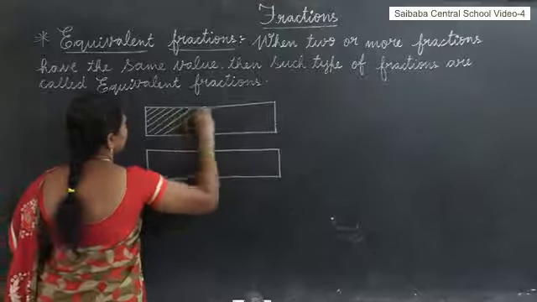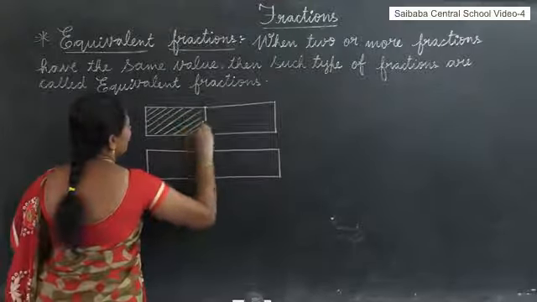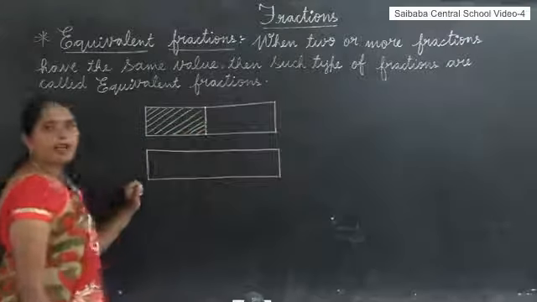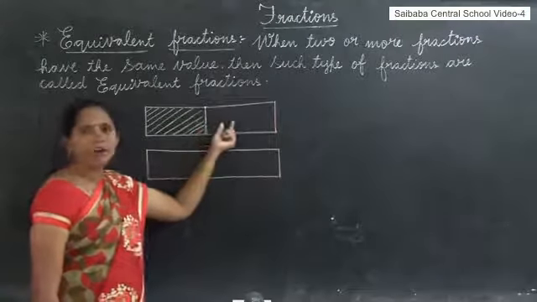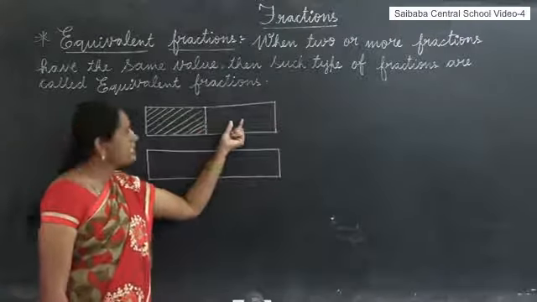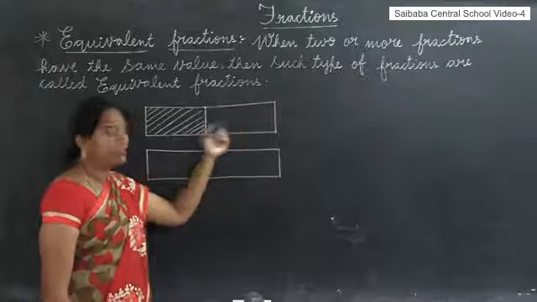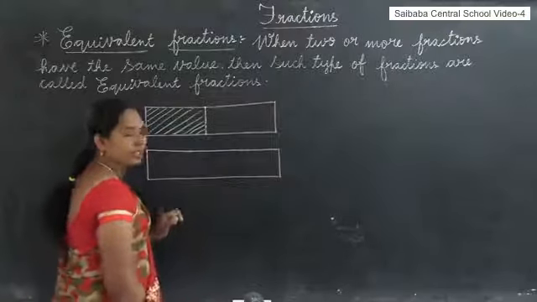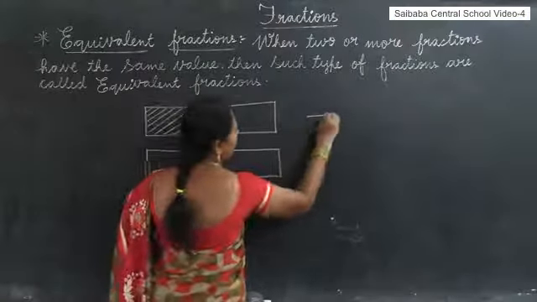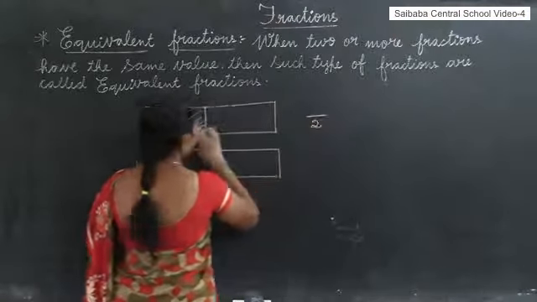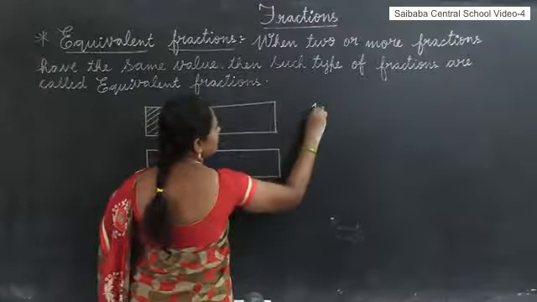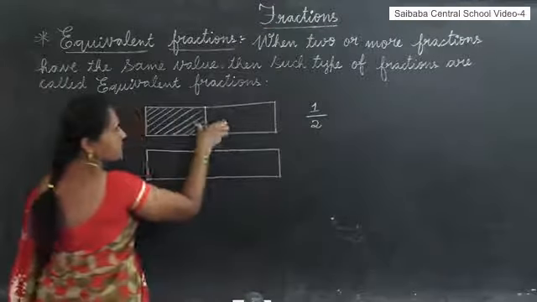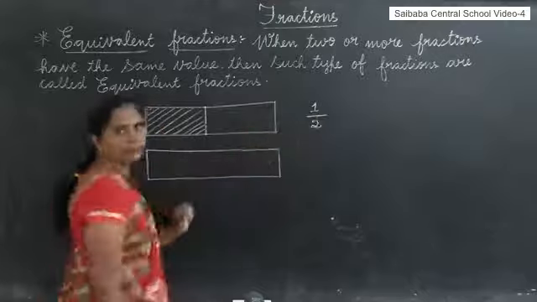In the two parts, shade one part. Now, what is the fraction of the shaded part in this whole? Good. Two parts are there and one part is shaded. So, the fraction of this is 1 by 2.